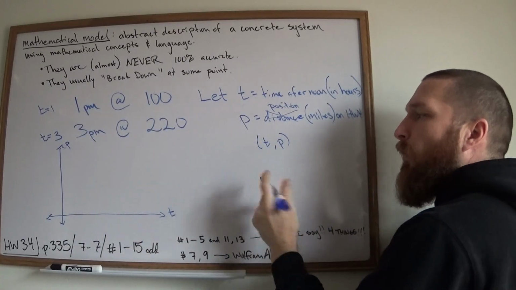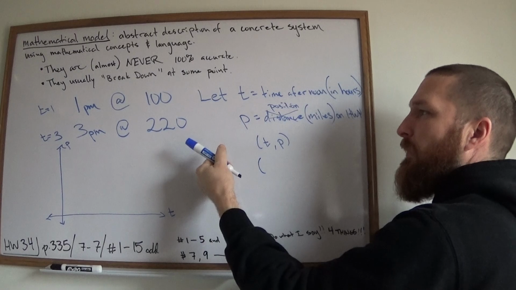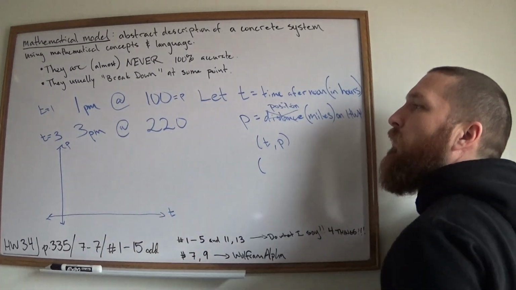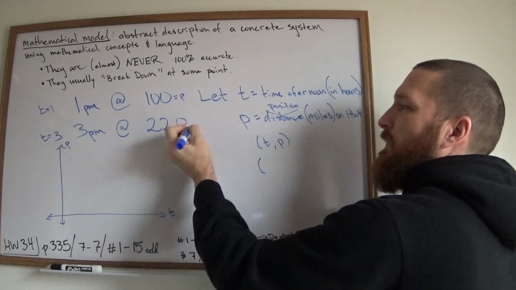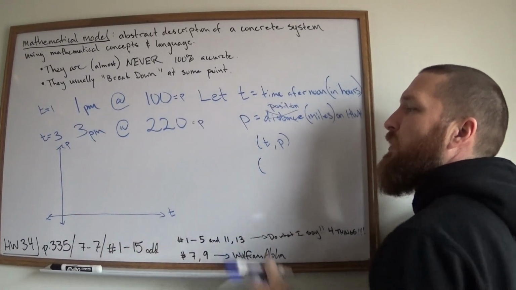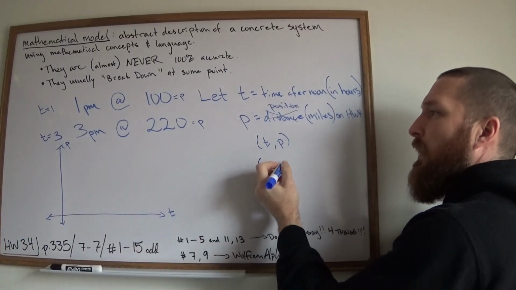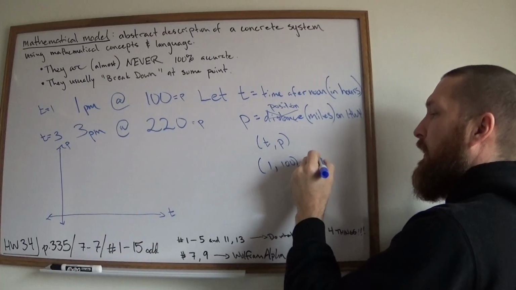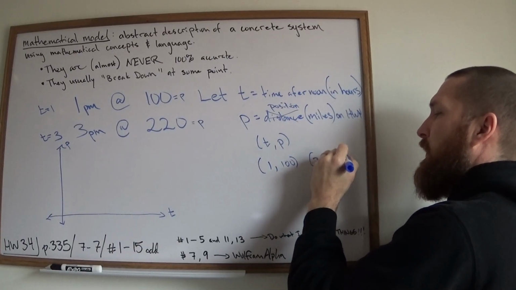So at 1 p.m., when t was 1, p was 100. When t was 3, p was 220. So we have 2 points, 1 comma 100, and 3 comma 220.